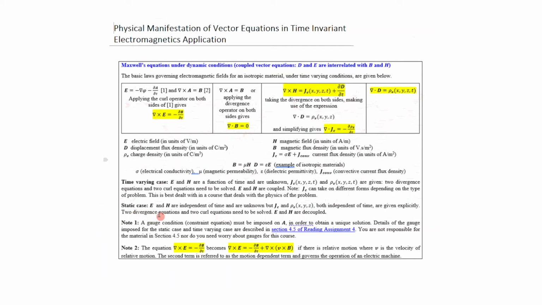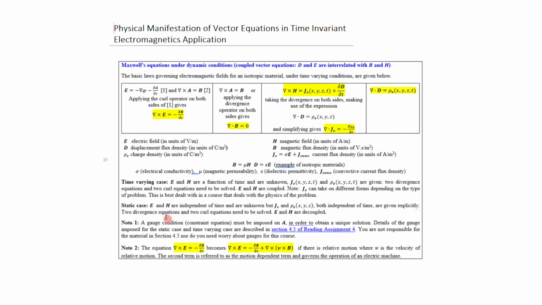In the static case, E and H are independent of time and are unknown, but J_e and rho_e, both independent of time, are given explicitly. Okay, so J_e is just given to you in some form or another. The difference here is that it's given explicitly. It's not coupled in any way.